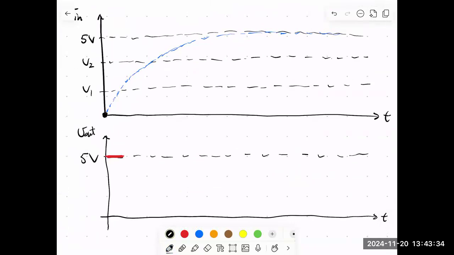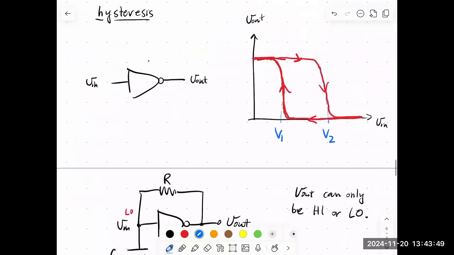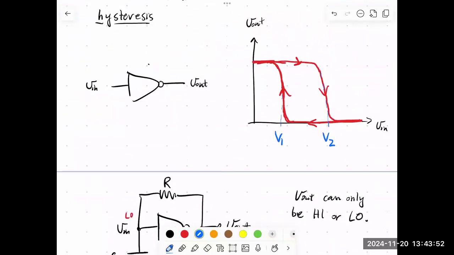All right. So our capacitor starts charging up, and eventually it's going to charge enough that it's going to reach V2. Well, what's going to happen when it reaches V2? Our output's going to jump to low.